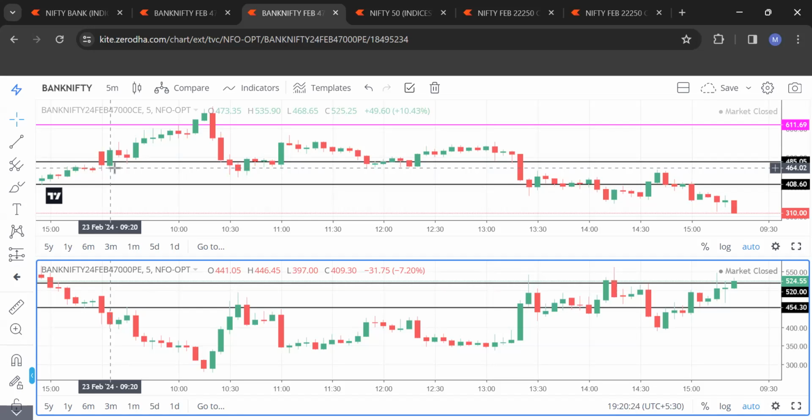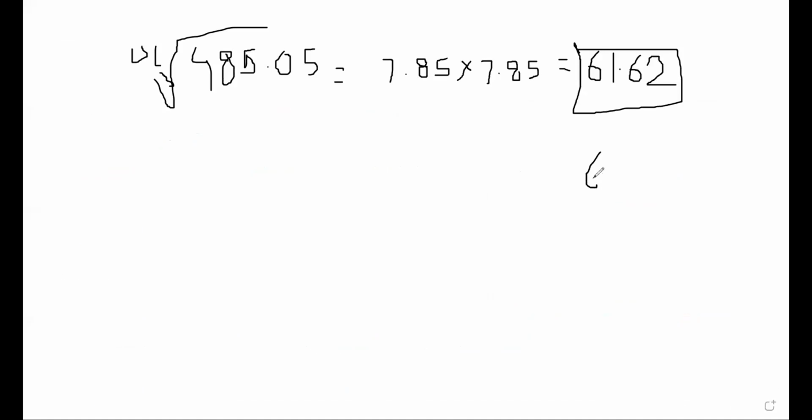How much is the difference? 67.25. So the actual difference is 67.25. What was desired was 61.62. So this is fulfilling the norm. Simple.